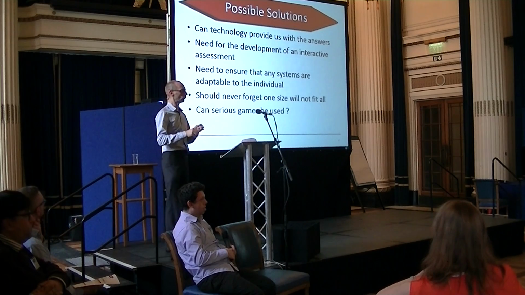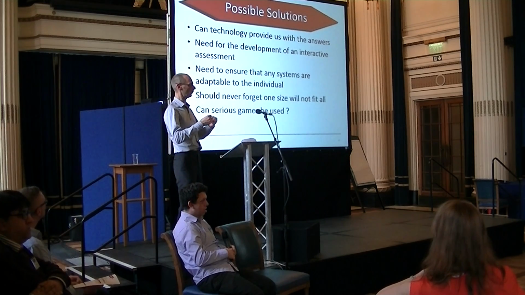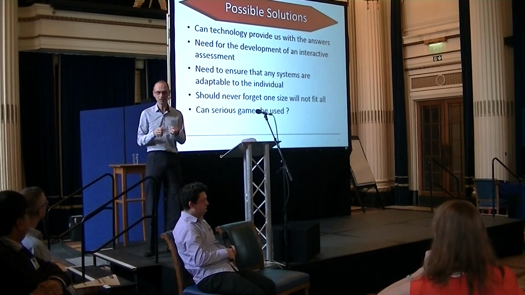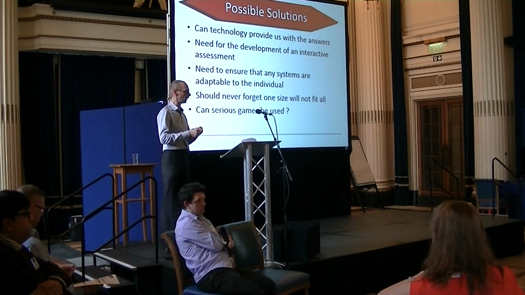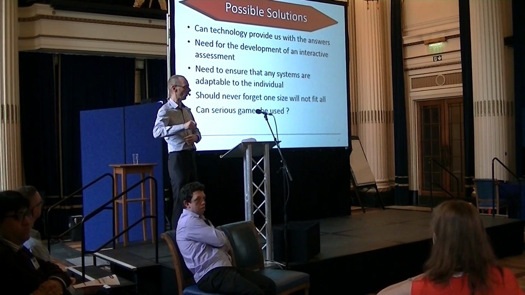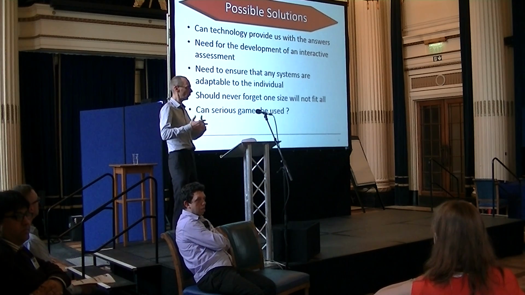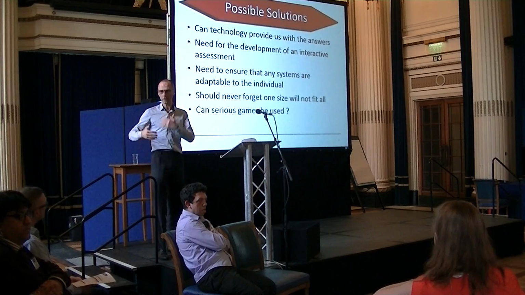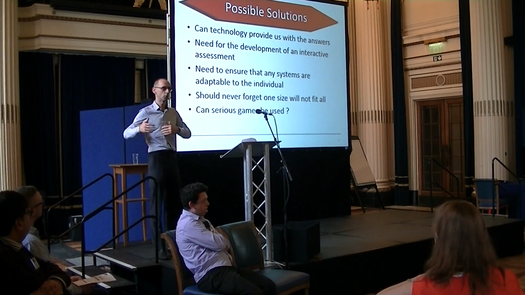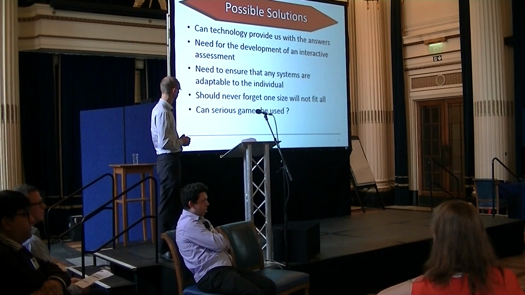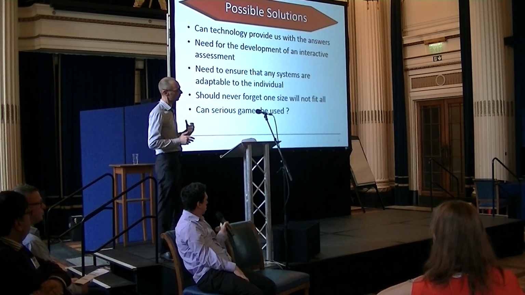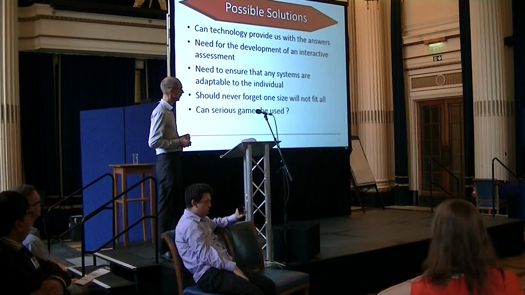I know I'm not talking to people that don't know here, but two people with MS have completely different needs. Sometimes the assessments that are in place, all it says is this person's got MS. And that's all you know. How does that affect someone on a day-to-day, week-to-week basis, which an employer needs to know so that they can effectively support them? We need to ensure any systems are adaptable to the individual.